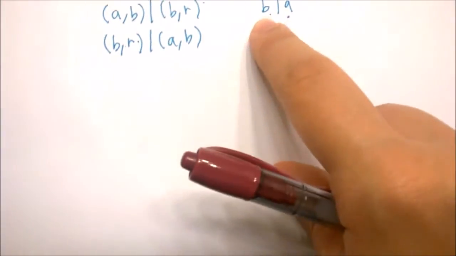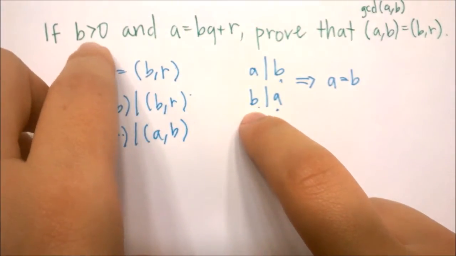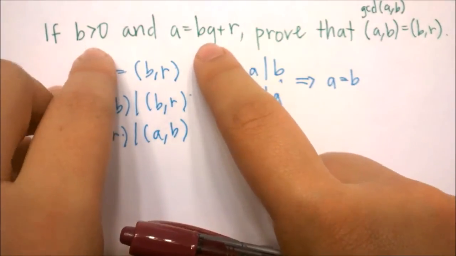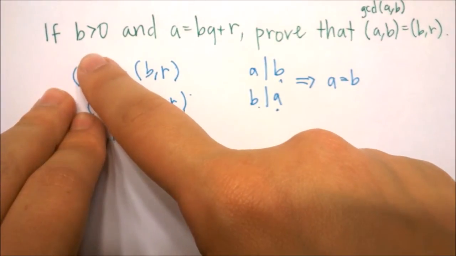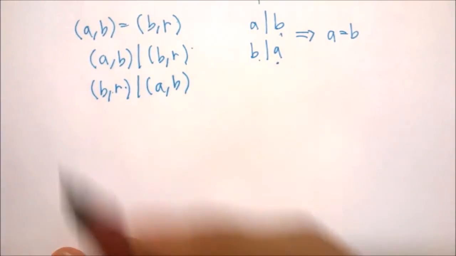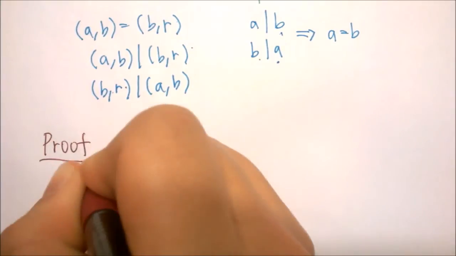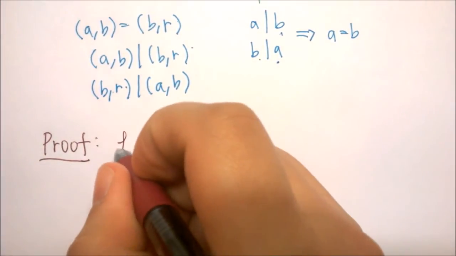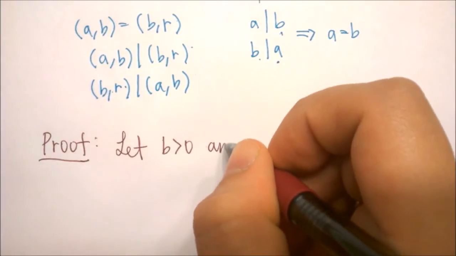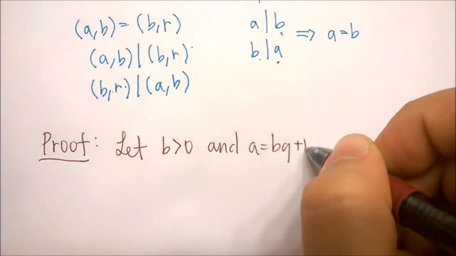Okay, so let's actually start with the formal proof. And remember, when we start with a proof, we're going to write down what we know. So we know b is greater than 0, and we know a equals bq plus r. So let's write that down. Let b be greater than 0 and a equal bq plus r.